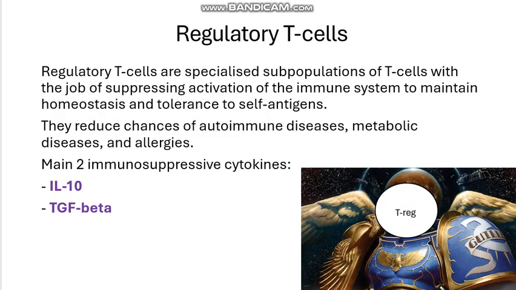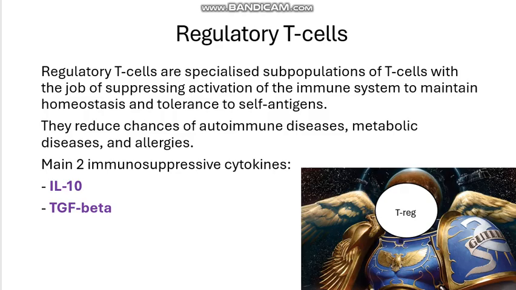Something I just want to tag at the end of that because I didn't include it in my videos on T-cells, part 1 and part 2. We forgot to go over regulatory T-cells. Well, we went over them a bit, but I want to go into a bit more depth. Regulatory T-cells are specialized subpopulations of T-cells.